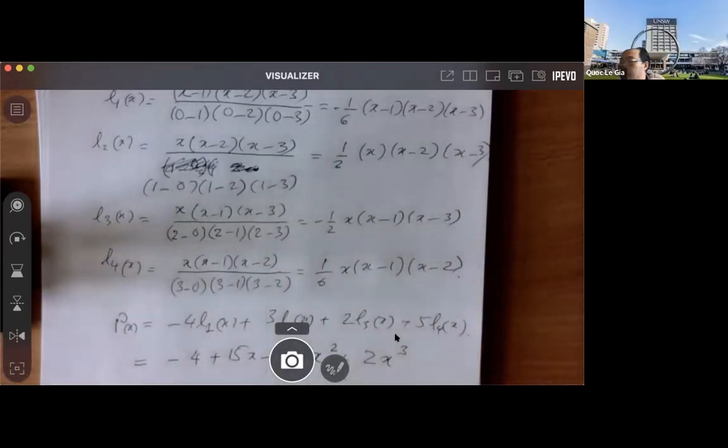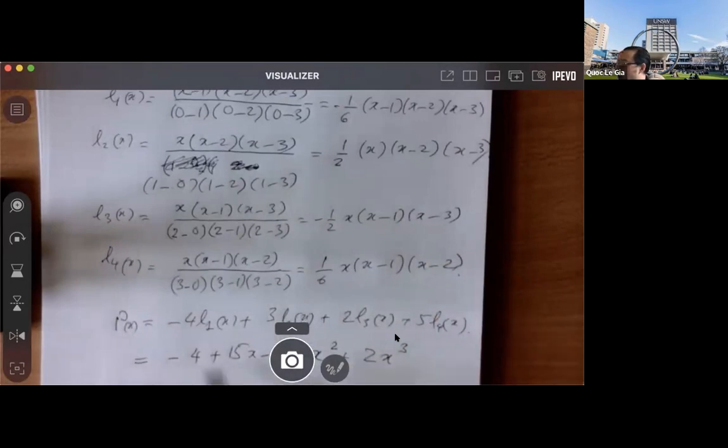It's up to you. I'm not very picky about this. As long as you write down the form exactly like this, okay, then you are okay, because then everything is well defined. I'm not very picky that you have to plug it in and expand this. You can just stop here. Then it's okay.